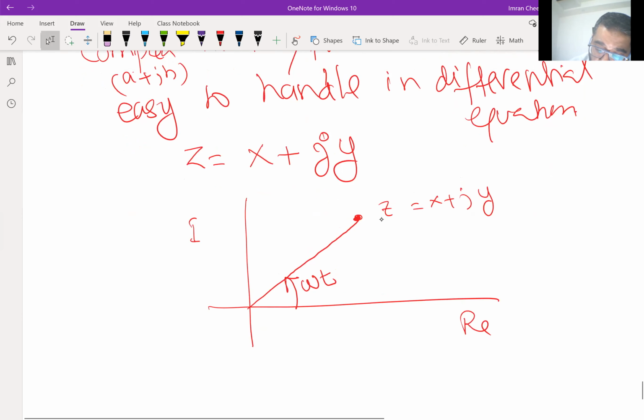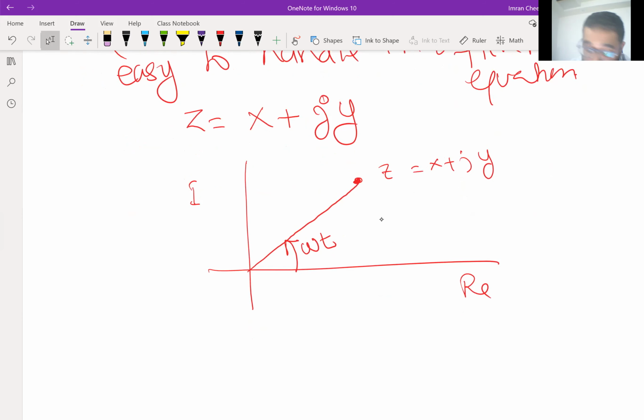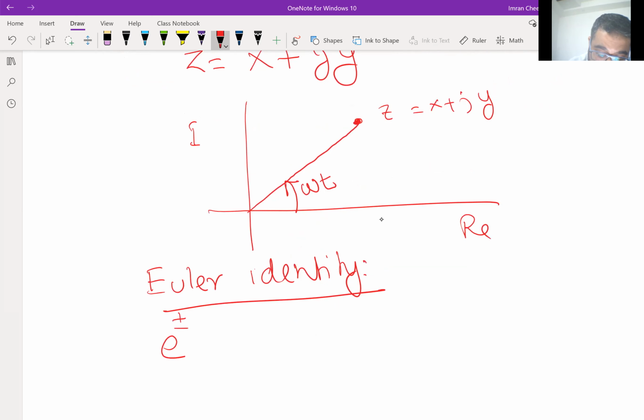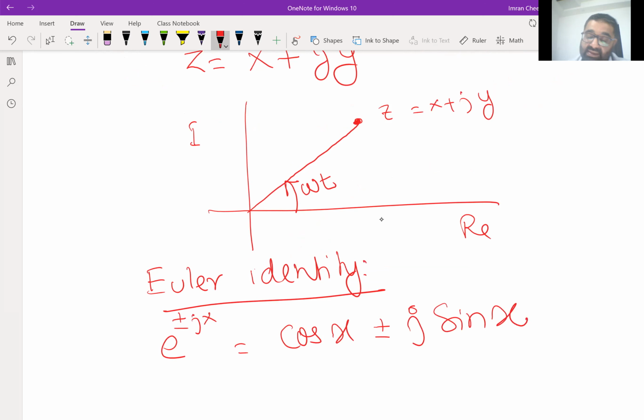So if you recall the Euler identity, and then I connect these. What is the Euler identity? e to the plus or minus jx equals cos x plus or minus j sin x.